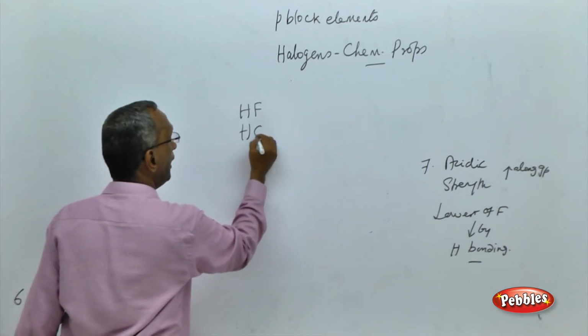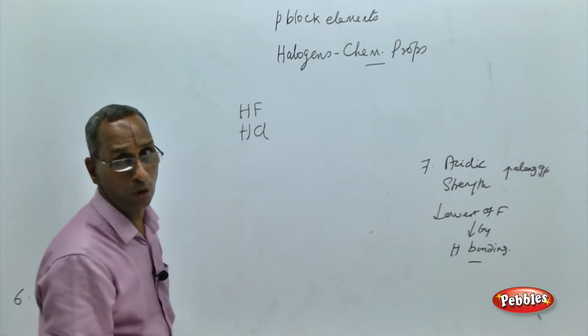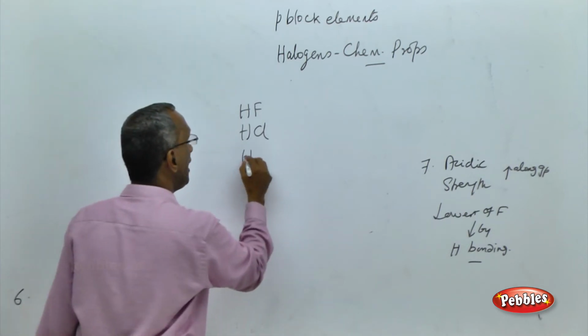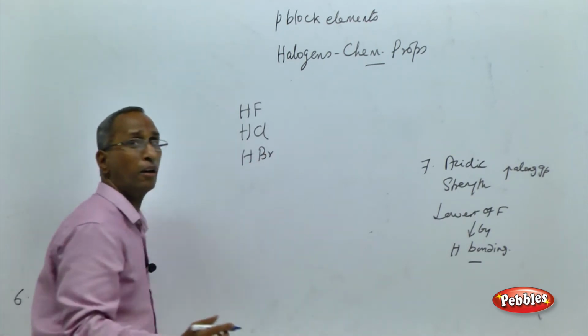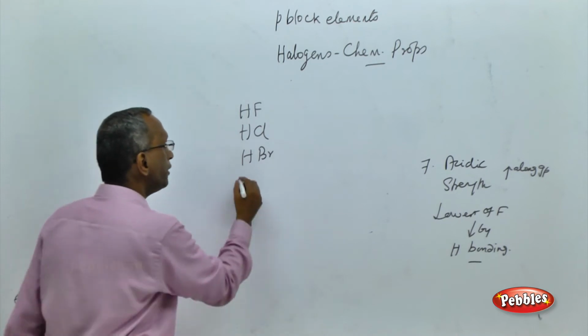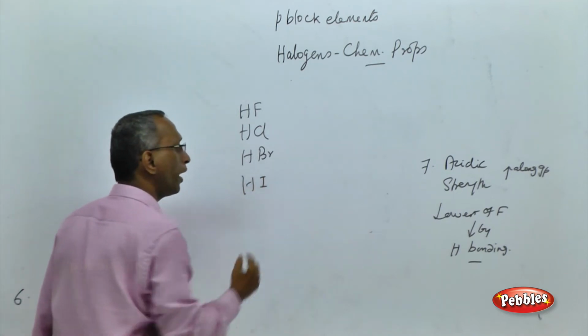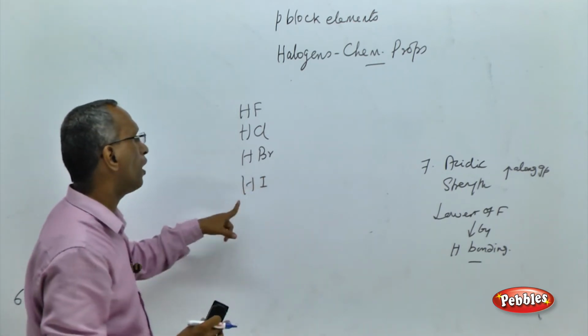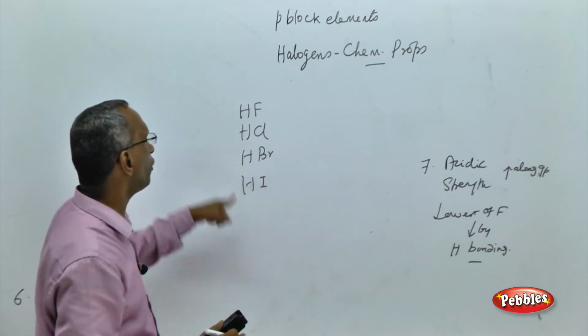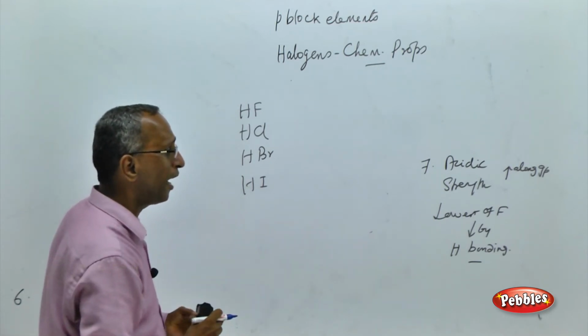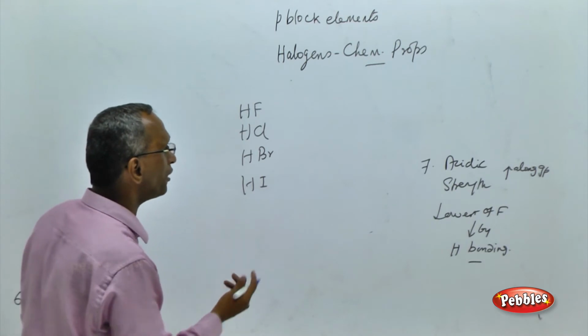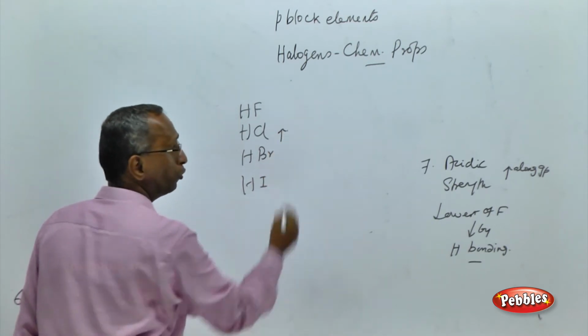HCl means hydrogen chloride or hydrochloric acid. HBr means hydrogen bromide or hydrobromic acid. HI means hydrogen iodide or hydroiodic acid. If they are dissolved in water, they form the respective acid. But the acidic strength increases along the group.